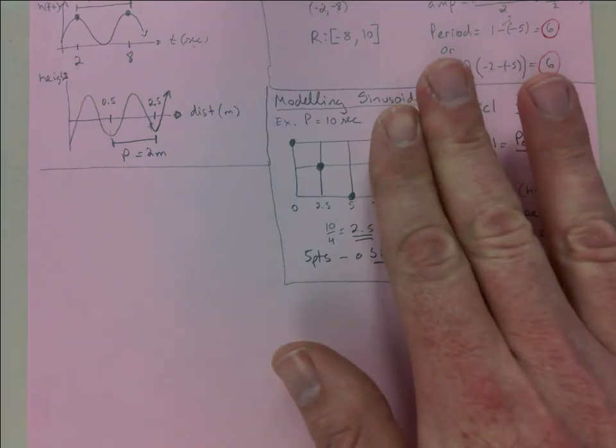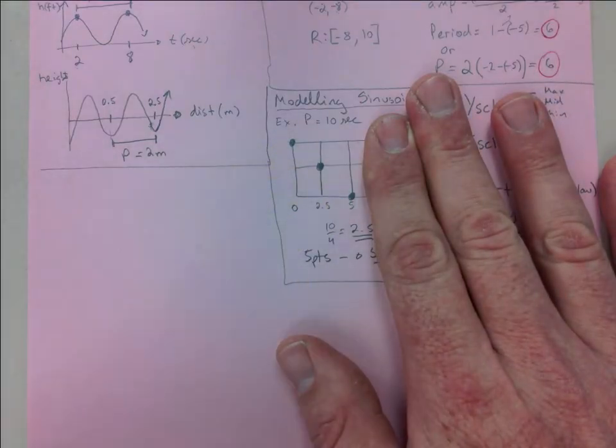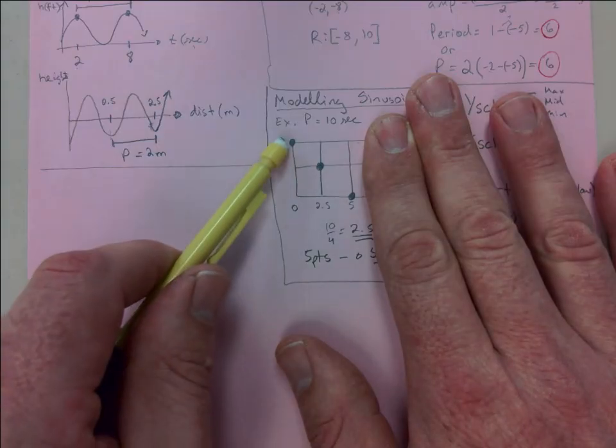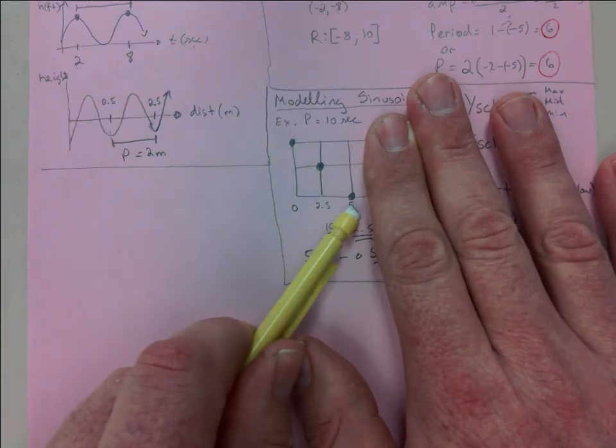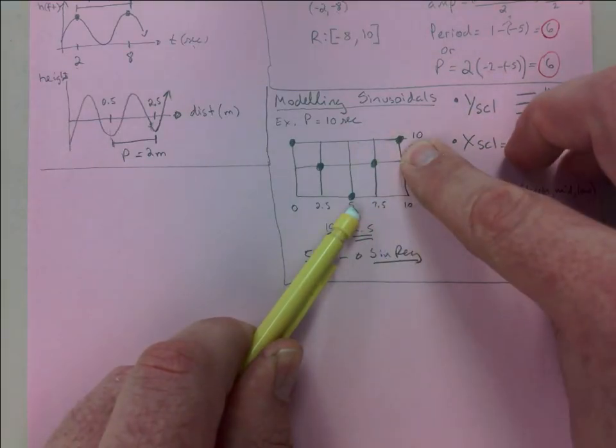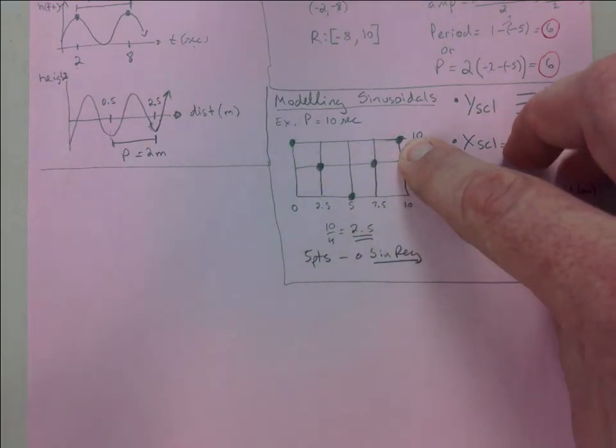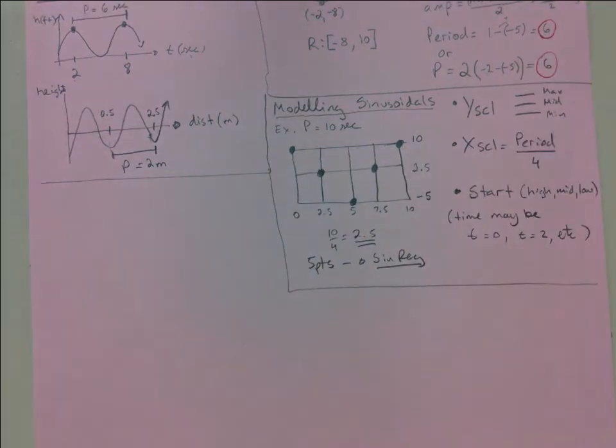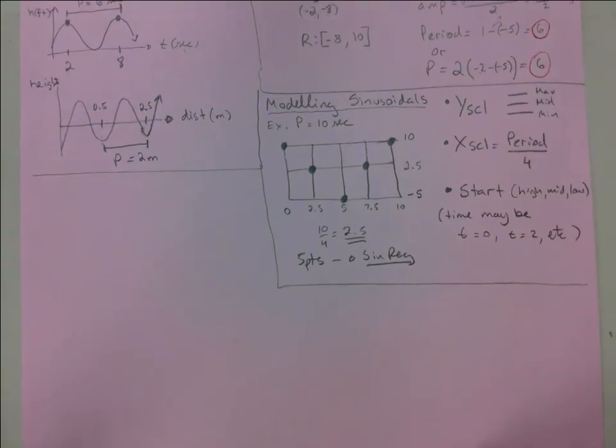So if a question ever just gives you a max and a min, that's not enough to give you the whole period, but you can figure it out from there. You're like, oh, if it takes 5 to get to the low, it'll take another 5 to get back up, and now I know that the period is actually 10. So you kind of have to sometimes envision and see what happens there.